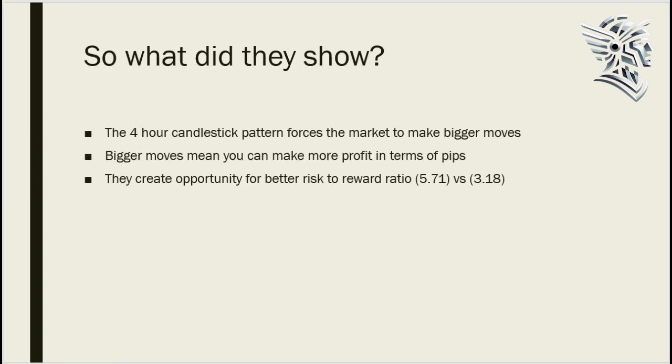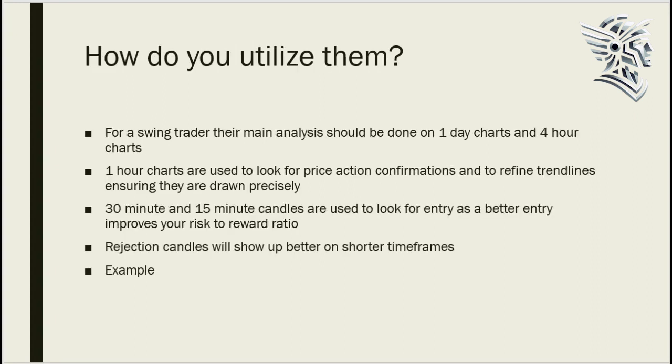So how do you utilize these? Well, in terms of a swing trader, your main analysis should be done on 1 day charts and 4 hour charts. Your 1 hour charts are used to look for price action to confirm that your bias is correct and your analysis is correct, and also just to refine your trend lines to make sure they're drawn precisely, because if you miss out on a few millimeters, it could be a trade that you potentially missed out on, which could have made you quite a bit of profit.